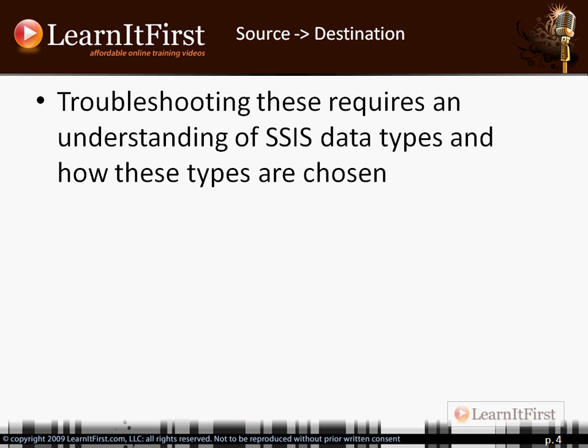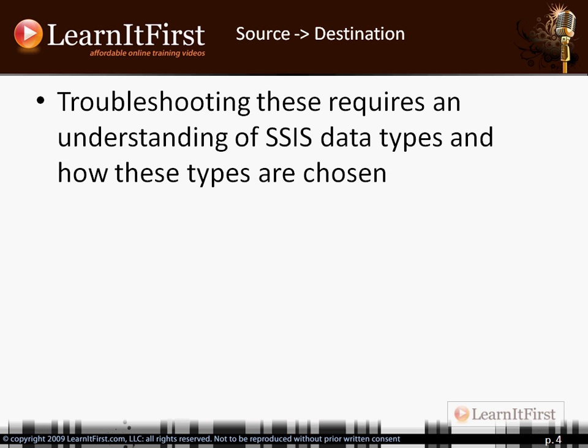So you change the data type of a column, and SSIS goes straight to the source or the destination, whichever it may be, and validates whether that data type actually matches up with the metadata of that field or column. And if it doesn't validate, you're going to either get a warning or an error. An error prevents you from executing the package. A warning does not, but it's just warning you something may happen.